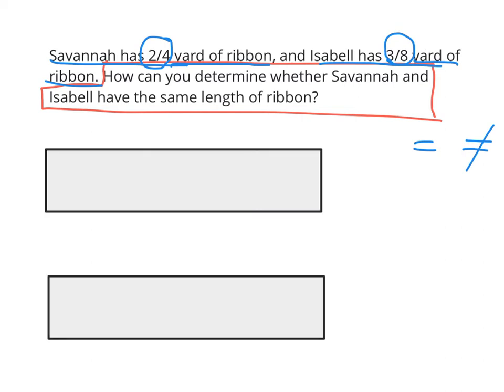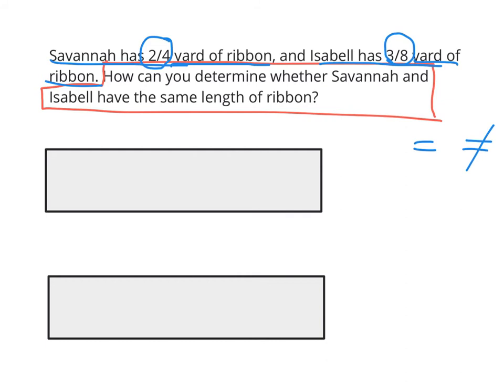So here I have a model for Savannah's ribbon and a model for Isabel's ribbon. Notice, and this is super important, that the models are exactly the same size and length. Remember, when we're talking about fractions and we're comparing, we're talking about a whole in which it is the same amount or length.